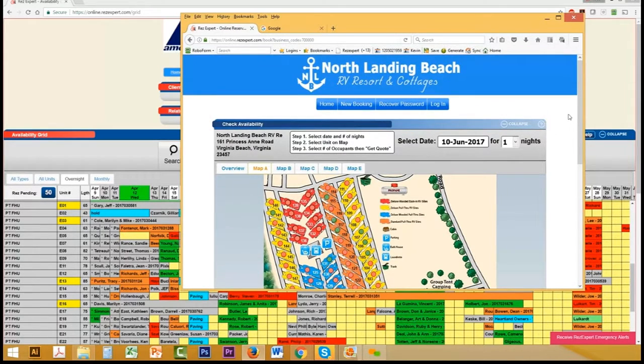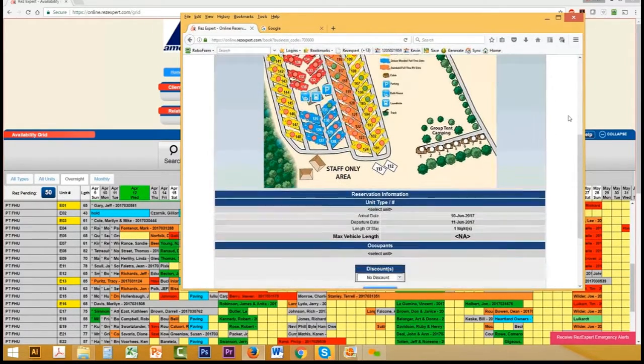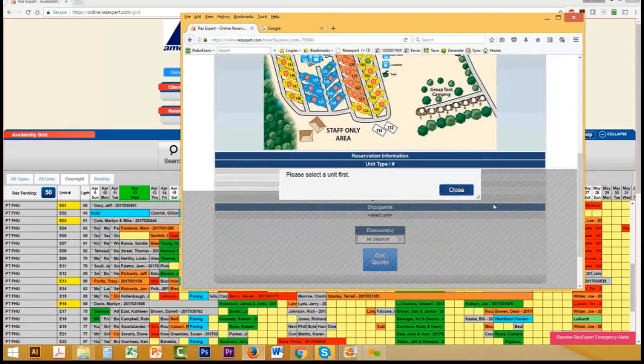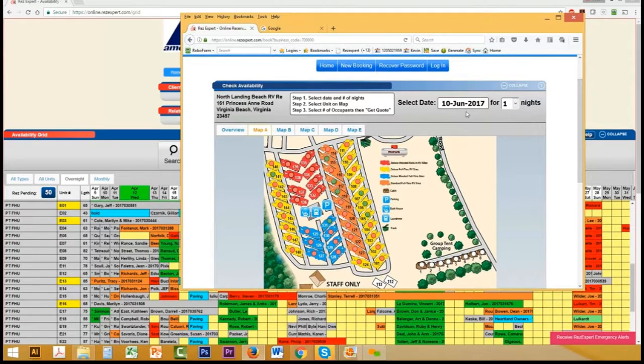The 10th. So if I put in 1 night and try to make a reservation, you have to pick a weekend. Is the 10th a weekend? And you have to pick a unit. I don't know if the 10th is a weekend or not. Let's find out. The 10th is a Saturday.